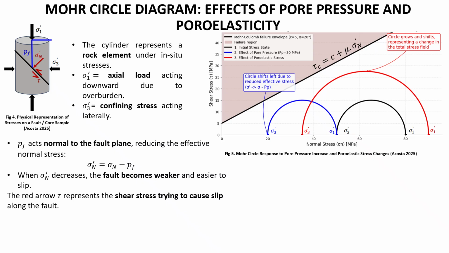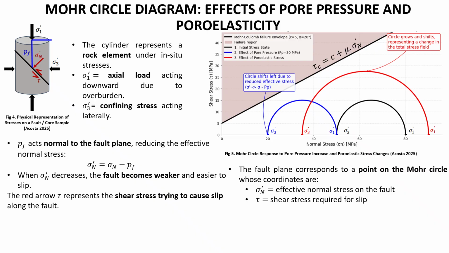So now let's look at how this appears on the Mohr circle. Every fault orientation corresponds to a point on the Mohr circle with the coordinates sigma n, which is the effective normal stress on the horizontal side of the plot, and tau, which is the shear stress acting on the fault on the vertical side of the plot. When the pore pressure increases, the entire Mohr circle shifts from right to left.